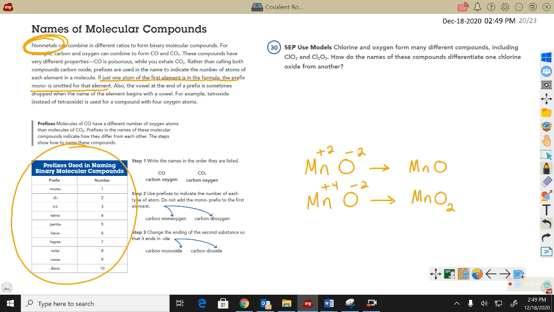Now CO2 then, I don't have to say monocarbon. I could, but often we don't put on the first element. But then you will always see a prefix on the second element. So the prefix that indicates 2 is di. So carbon dioxide, which you've heard of your whole life, right?